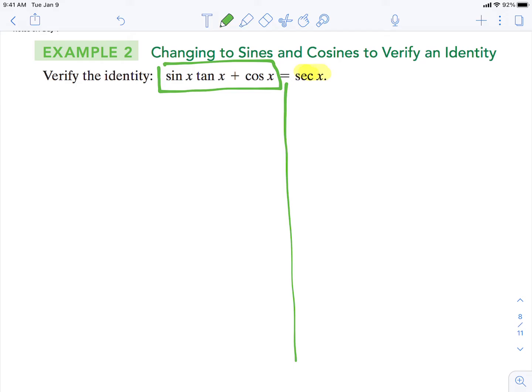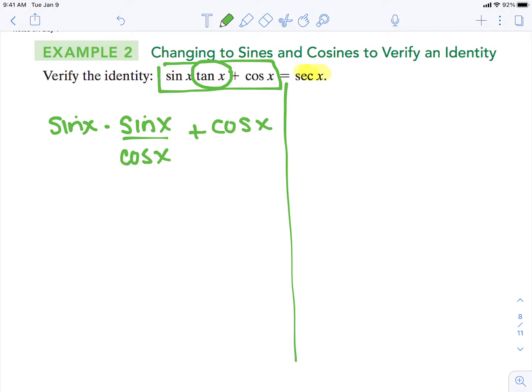So we can change this tangent of x using our quotient identity. The sine of x is going to stay as it is, and then we change that tangent of x using the quotient as the sine of x over the cosine of x. And then we still have plus cosine of x.